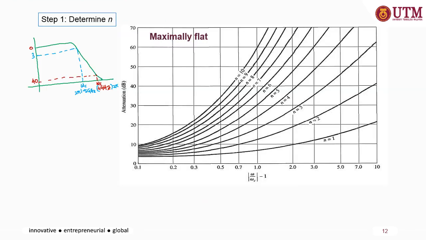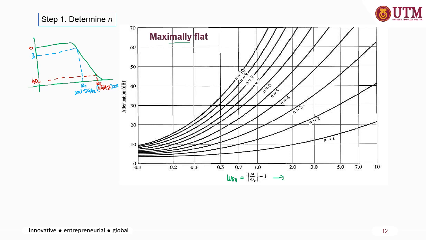Let's proceed with the first step to determine the n. From the statement, it is a Butterworth low pass filter, so maximally flat. For a low pass filter, to get the n, you need to know the omega Sn. If you have the equation in hand, you can use the equation, or else you can refer to the graph, but you need to make sure that you use the correct equation for omega Sn.